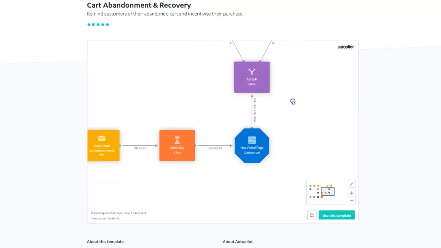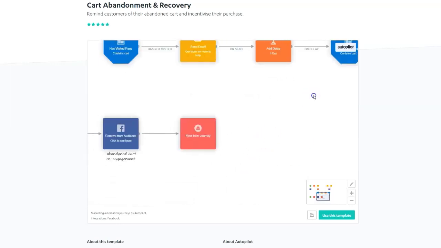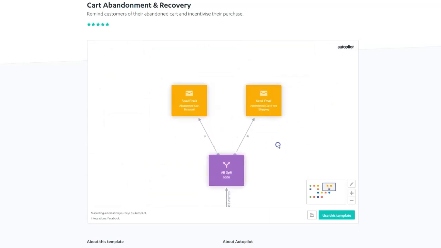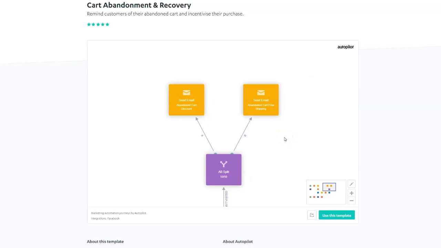And so here, not only are you sending people through a journey that very well could bring them from being a cart abandoner, a visitor, a window shopper, if you will, to being a customer, but you're also figuring out which approach leads to the most successful sales.